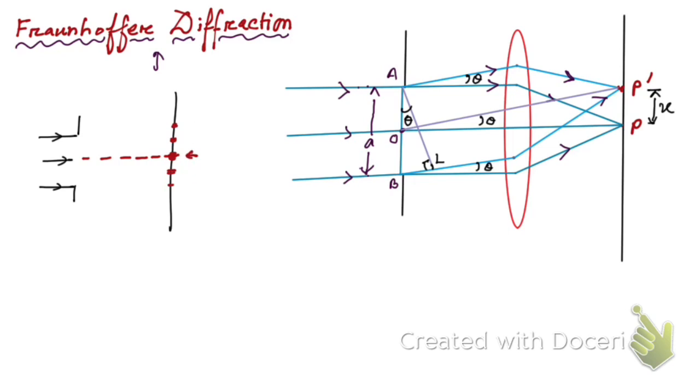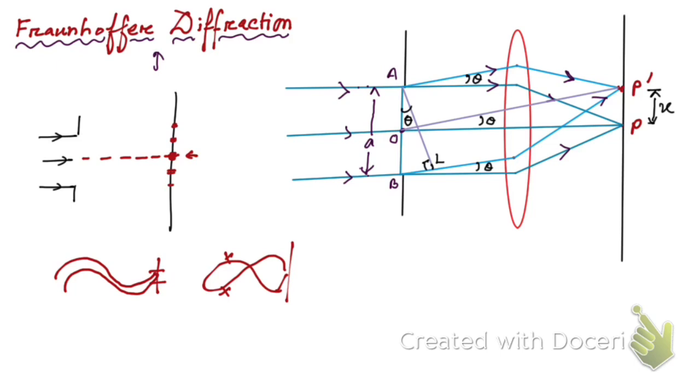Now see the central bright fringe. When do we get a bright fringe? Suppose at this point two waves superpose. If they are in the same phase, we get a bright fringe, and if they are out of phase like this, the two cancel each other and we get a dark fringe.